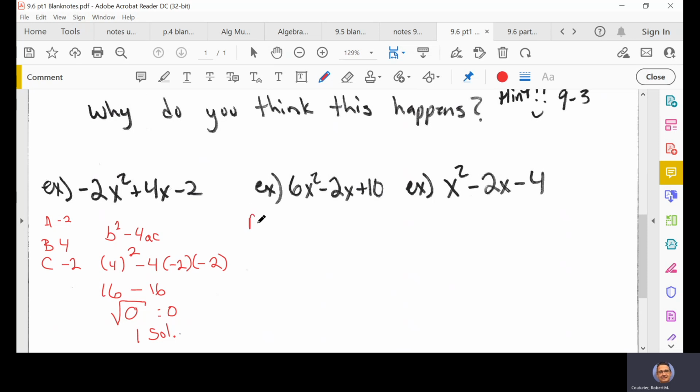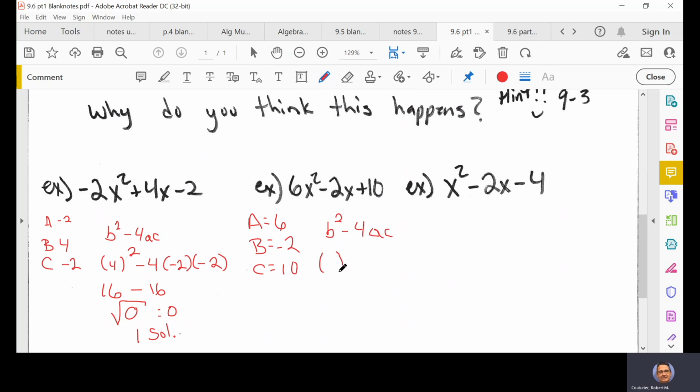We do the next one, same thing. Identify your A, identify your B, identify your C. And we're looking for what? 6, negative 2, and a 10. And our equation again is B squared minus 4AC. We do our substitution.